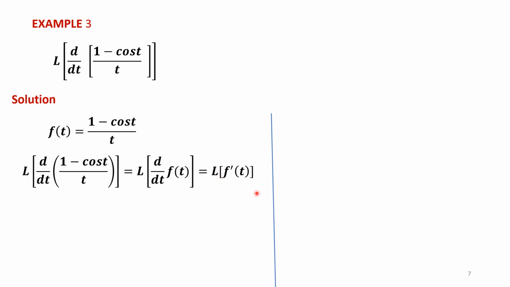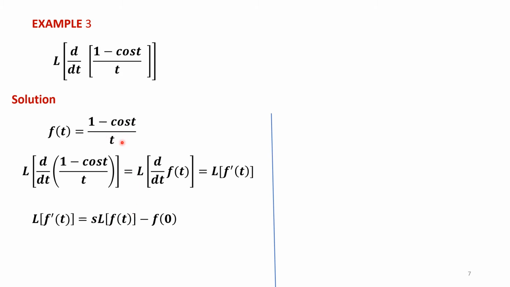We know from the formula that L of f dash of t is s into L of f of t minus f of 0, so we have to calculate L of f of t, where f of t is 1 minus cos t by t.